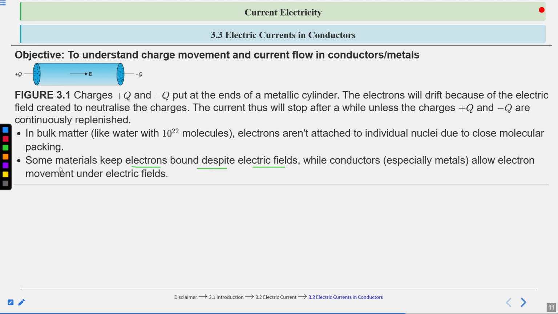Some materials, like dielectrics and insulators, keep electrons bound despite external electric fields, while conductors, especially metals, allow the movement of free charges, say electrons, under electric fields.